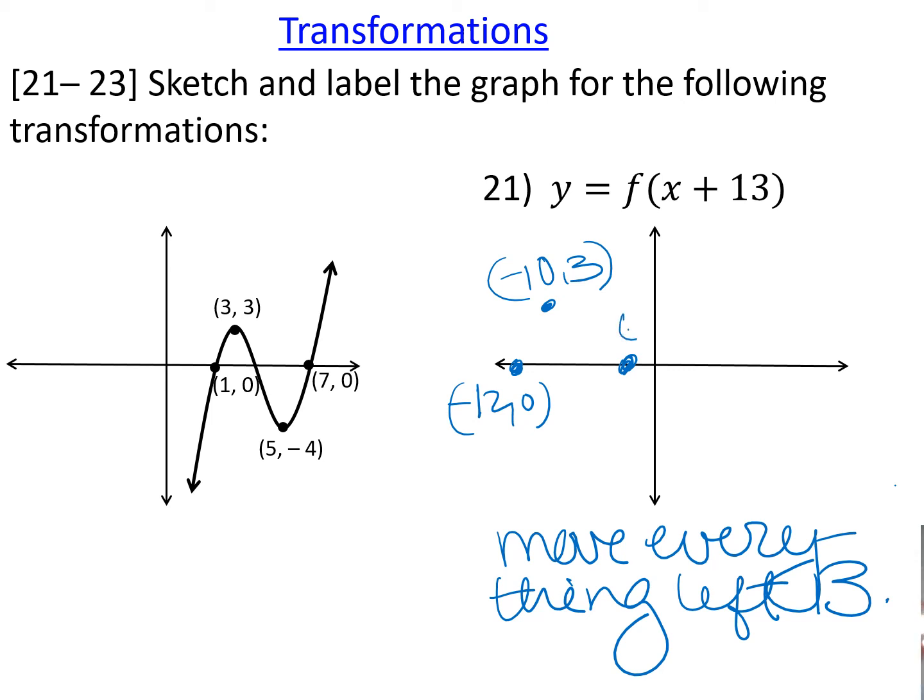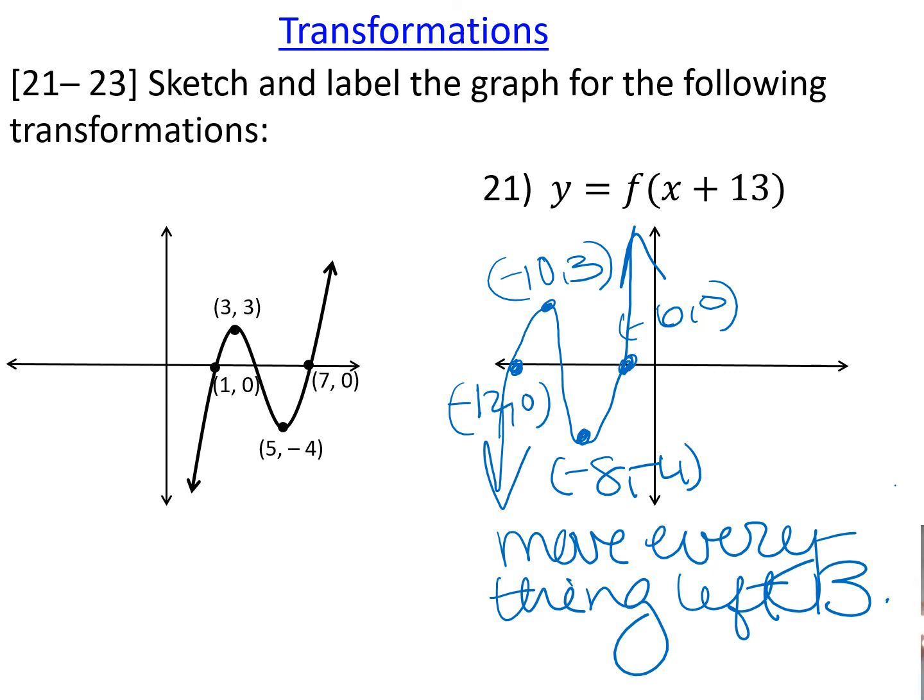So that'd be negative 6, 0, and then the 5 minus 13 would be negative 8. The pattern would be the same, so something like that. I have to remember those points there. You guys probably have them on the same sheet.